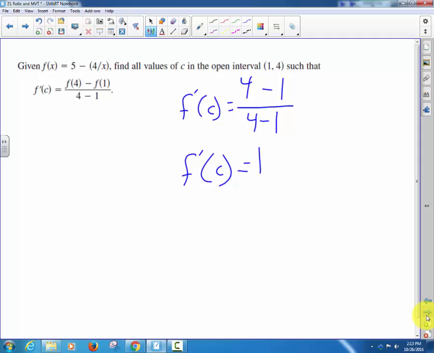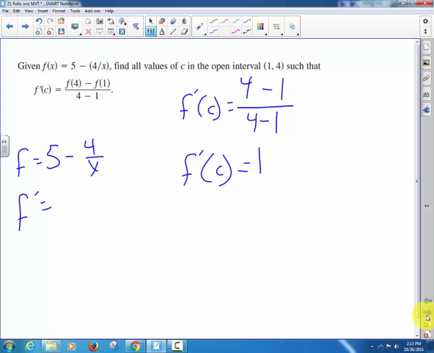So how are we going to do this? Find the derivative, set it equal to 1 this time. How do we find the derivative of 5 minus 4 over x, if that's our function? Derivative of 5 is 0. How do we take the derivative of minus 4 over x?